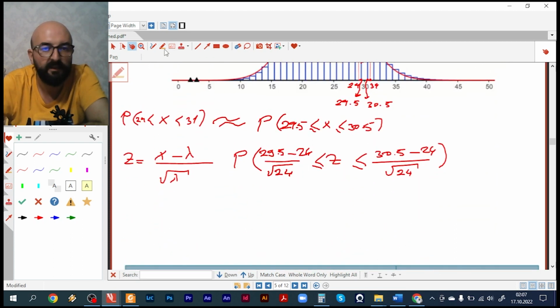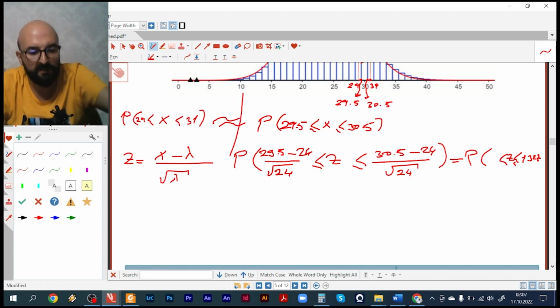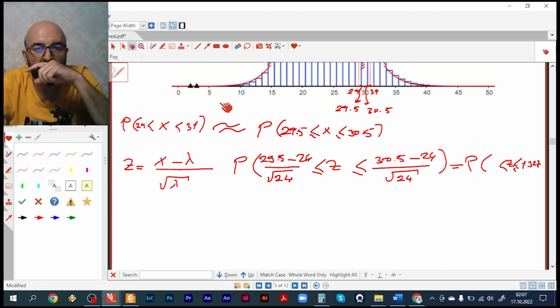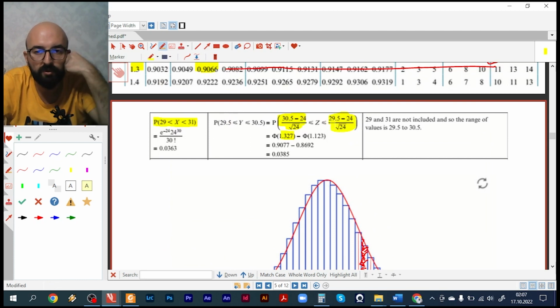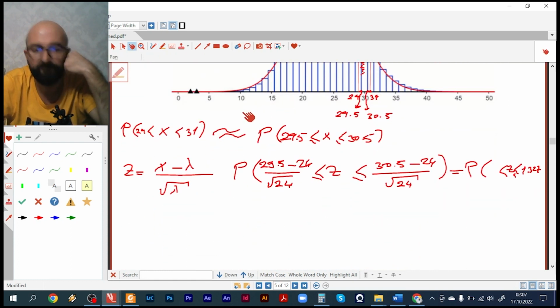1.327. It means the probability of z less than or equal to 1.327, and the other section equals 1.123.